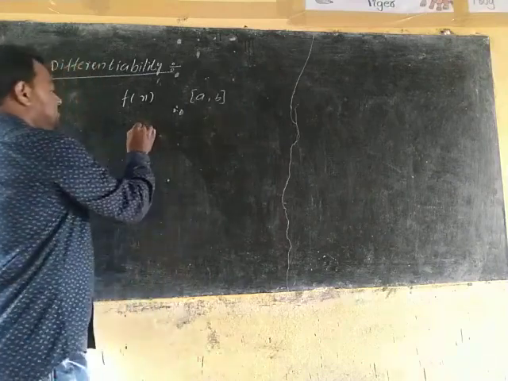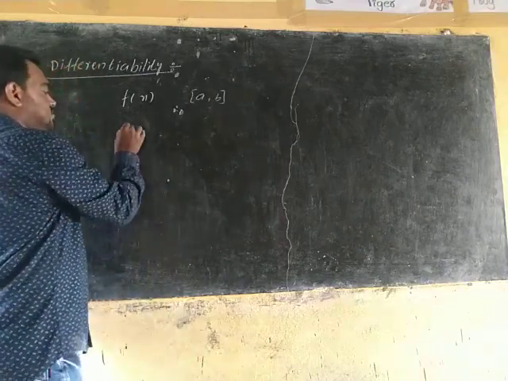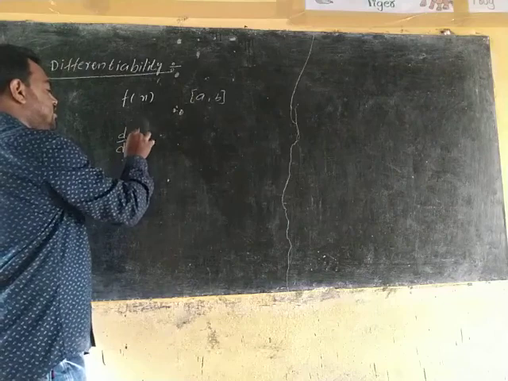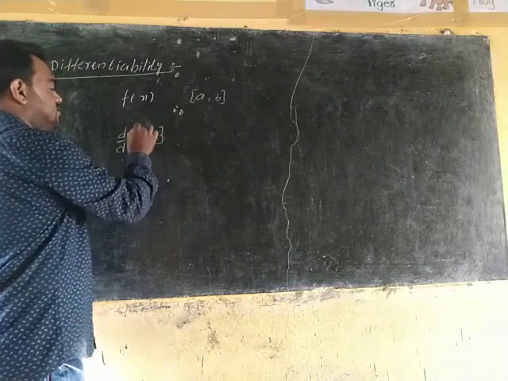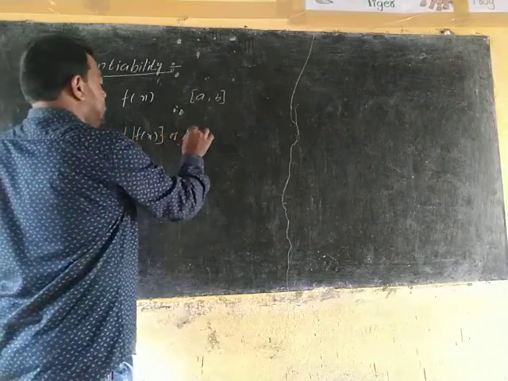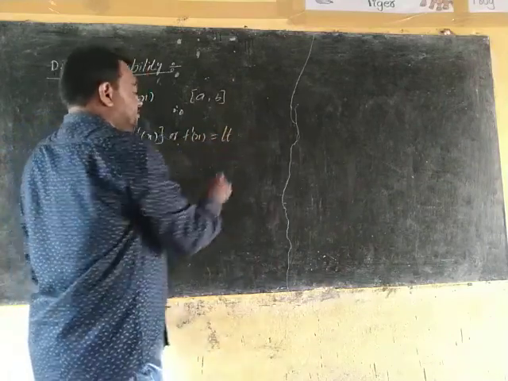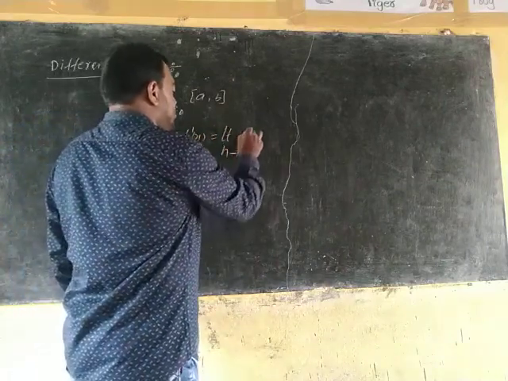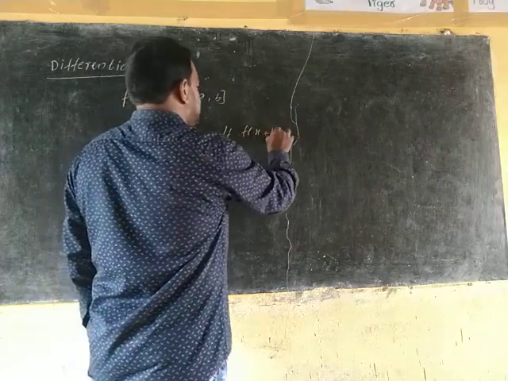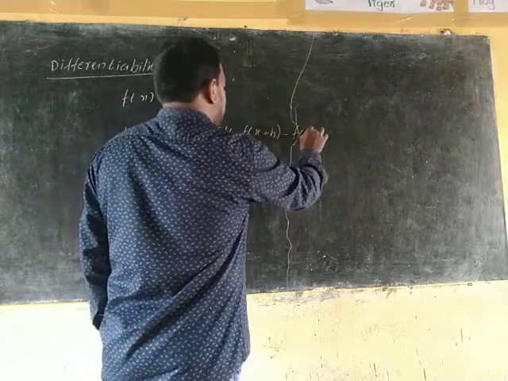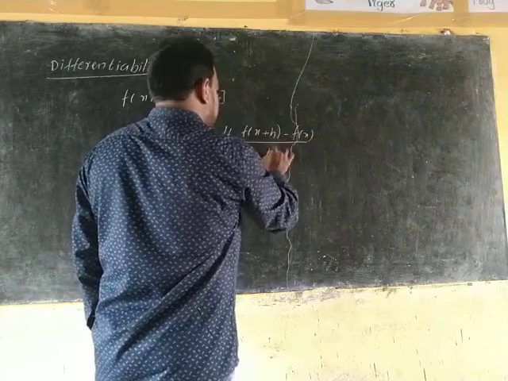Then the derivative of f of x is denoted by d by dx of f of x, or f dash of x, which equals limit h tends to 0 of f of x plus h minus f of x, by h.